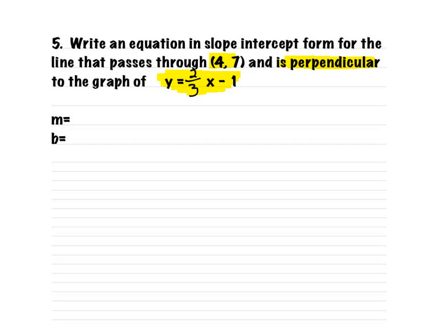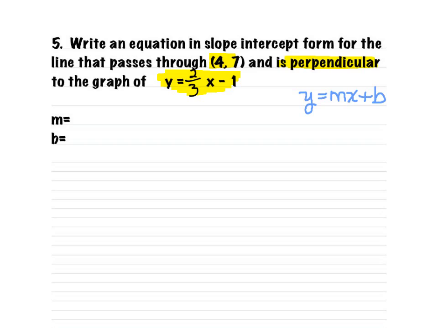Okay, well, in this problem, again, we want to write an equation in slope-intercept form. That's y equals mx plus b. And we want to write an equation of a line that goes through 4, 7 and is perpendicular to the graph of, and they give us this equation.